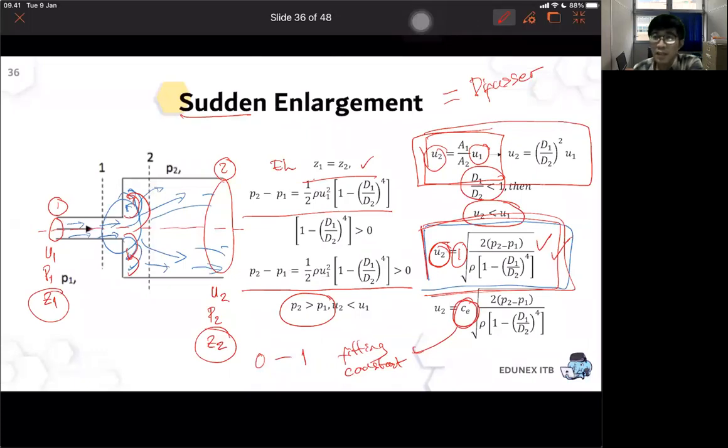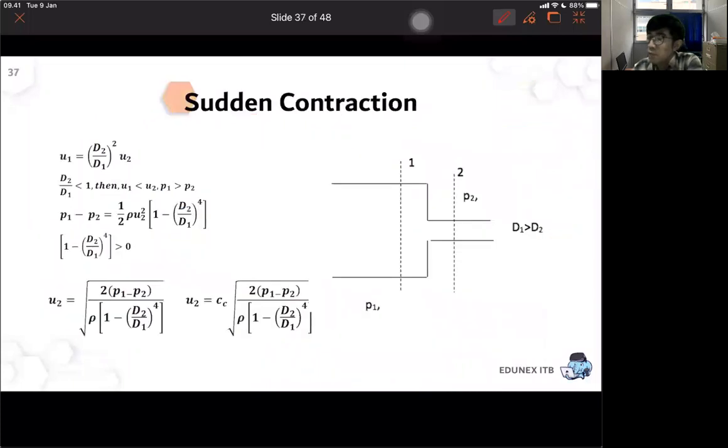Okay, any other question? If there is no question, same for the sudden contraction. It will be exactly the same as the reducer, but you will have a sudden change in diameter in one part of the sudden contraction. So at this area, the change in diameter is sudden.